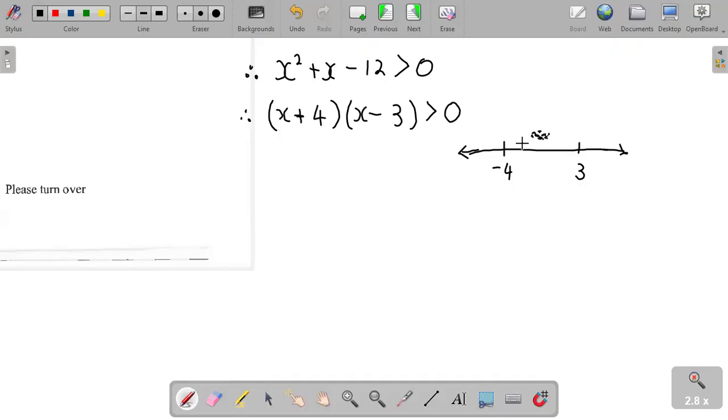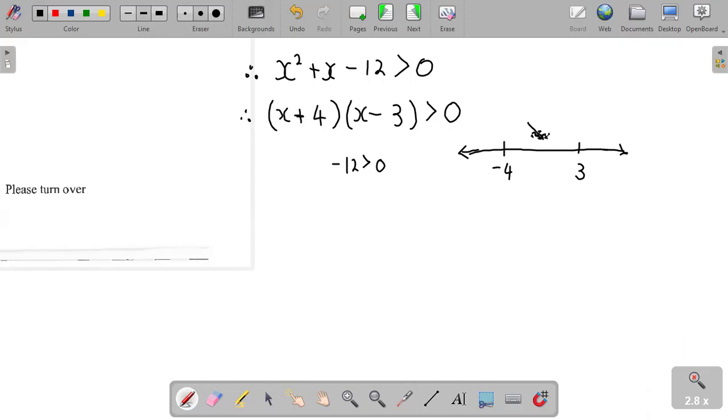If we substitute 0 here and here, we're going to have 4 multiplied by negative 3. So I want to have negative 12 greater than 0. Is this true or false? It's false, okay? It's a false statement.